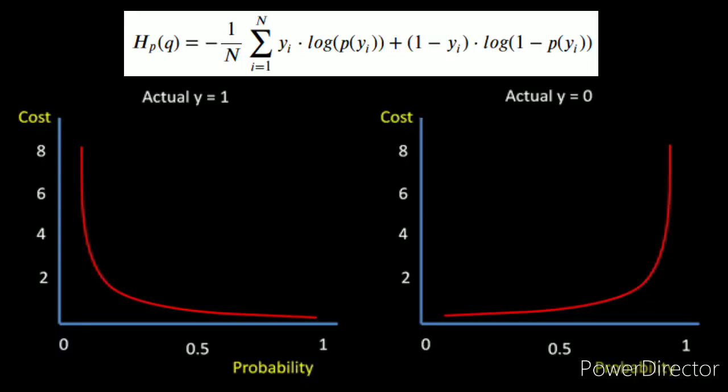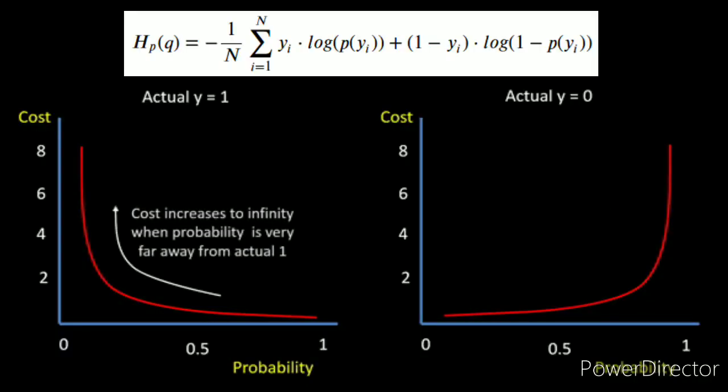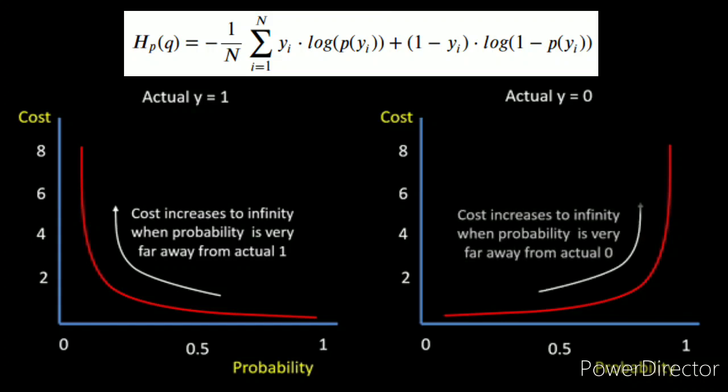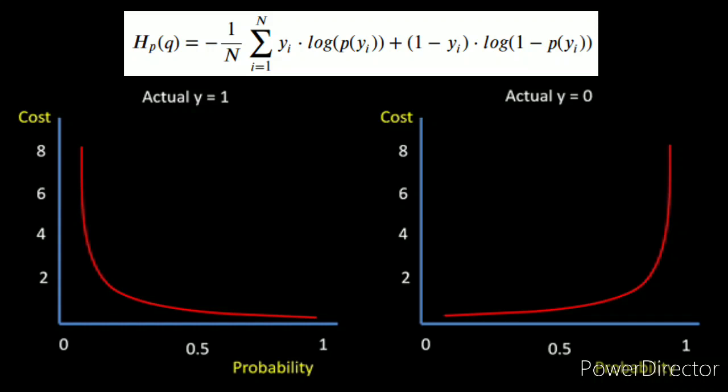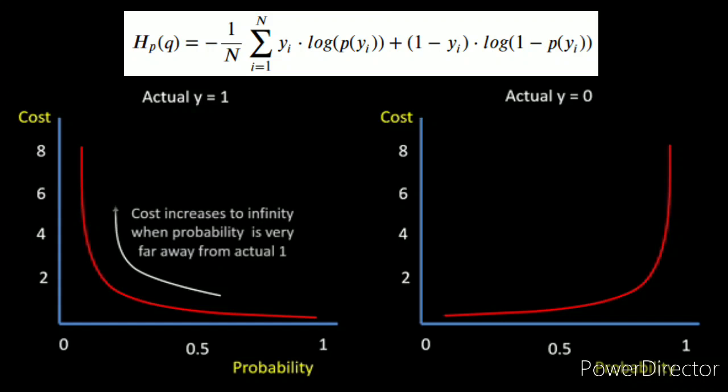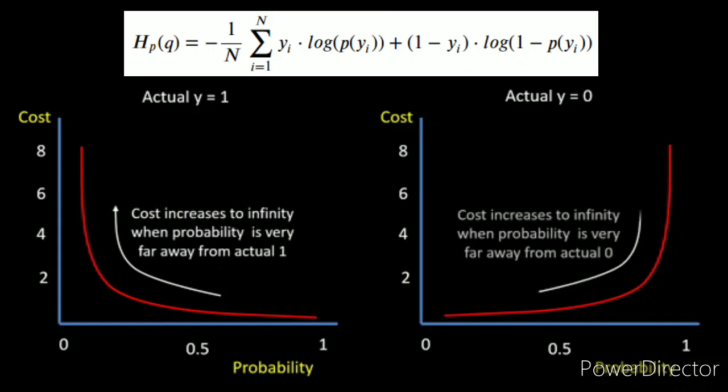The binary cross-entropy loss increases as the predicted probability diverges from the true value or actual label. If the actual value or y is 0, then the loss function becomes negative of log of 1 minus p.